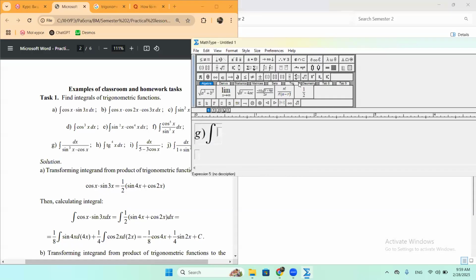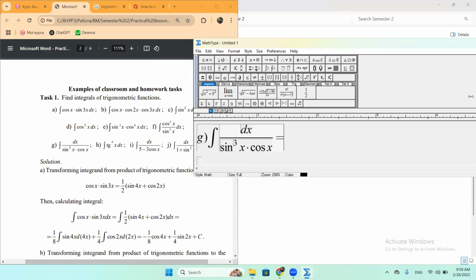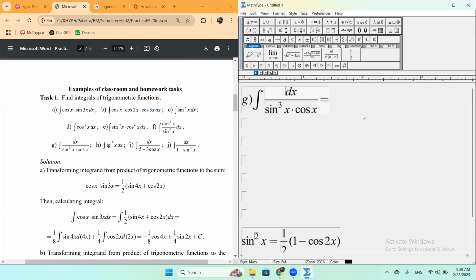So we have the following integral: dx, then sine cube of x multiplied by cosine of x. Okay, so how to solve this integral?